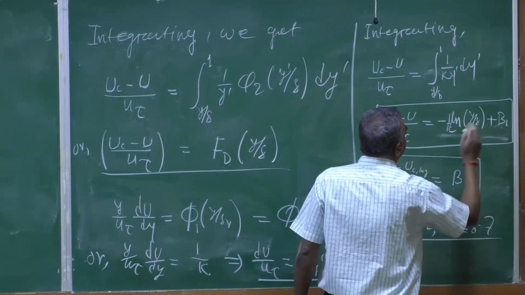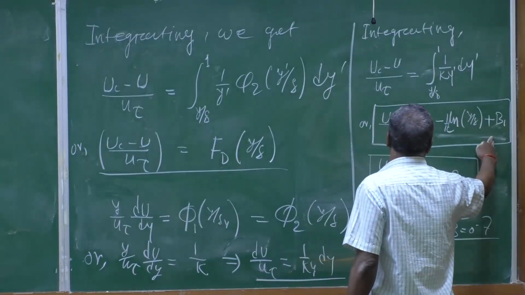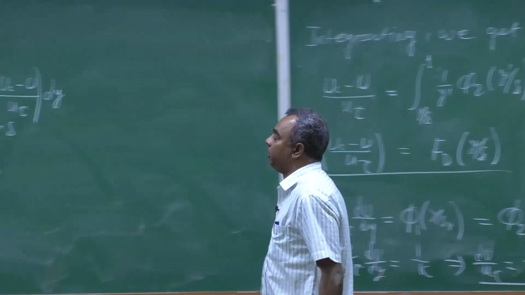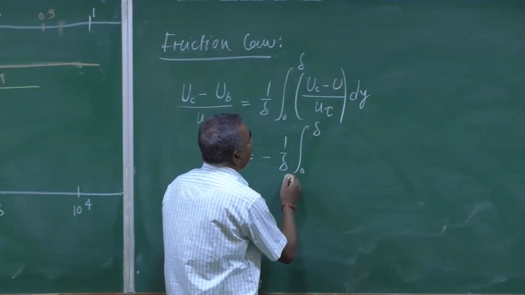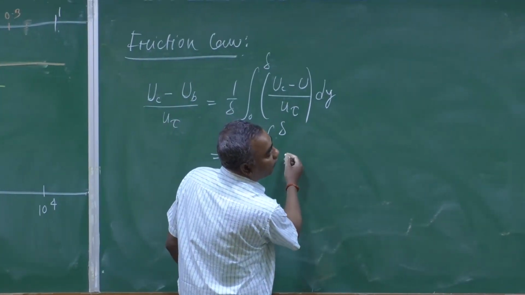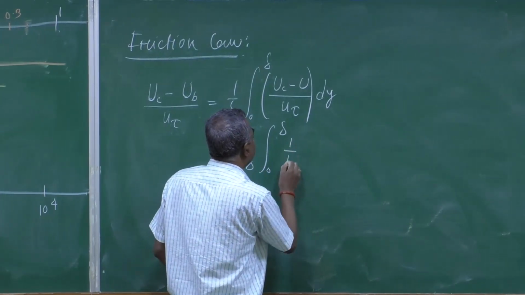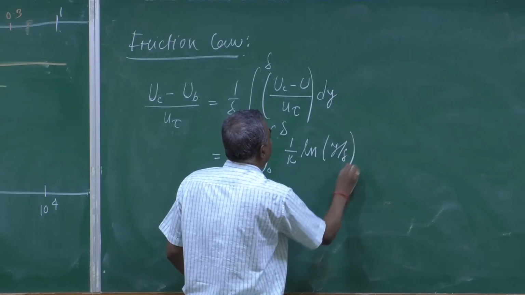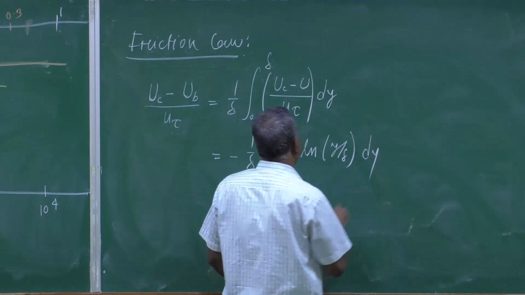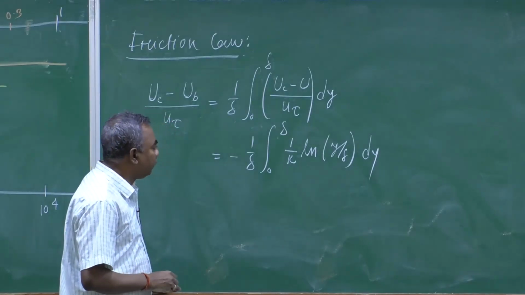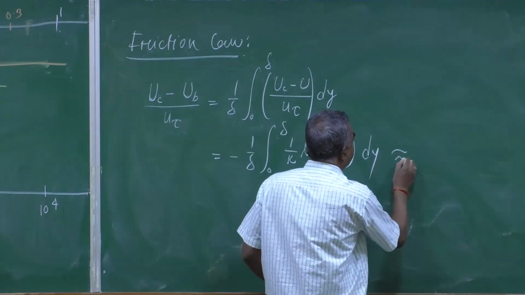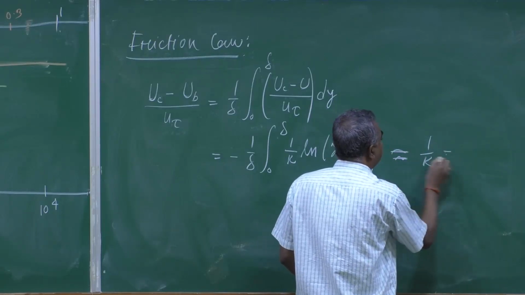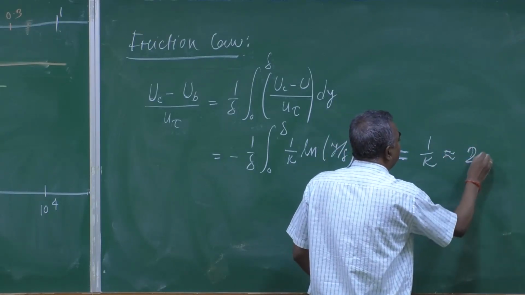We can replace the value of this quantity from this equation, of course considering b 1 is equal to 0. Then what do we get here? We get 1 by kappa ln y by delta dy. So, this value is approximately 1 by kappa, which is approximately 2.4.